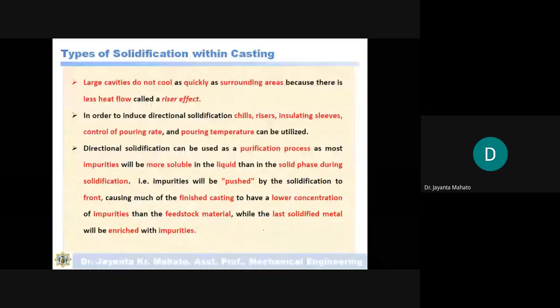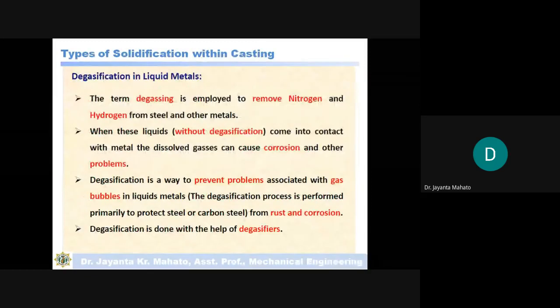Now, degasification in liquid metal. Degasification means, so what happens during the pouring of the molten metal? Some gases like hydrogen and nitrogen remain in the mold material.